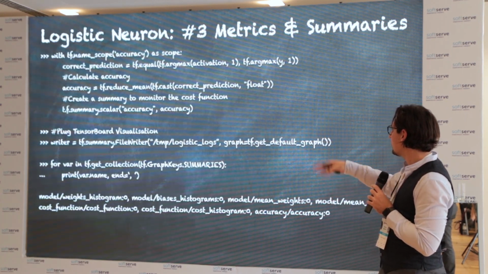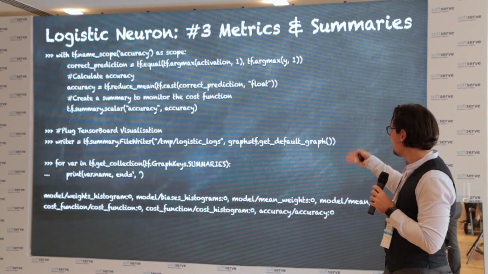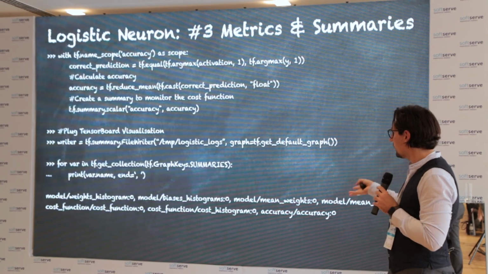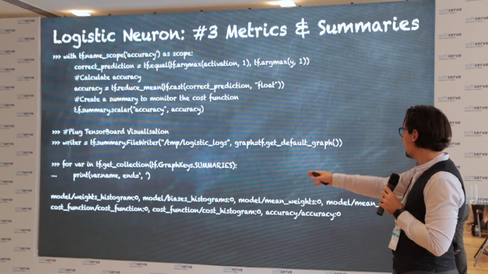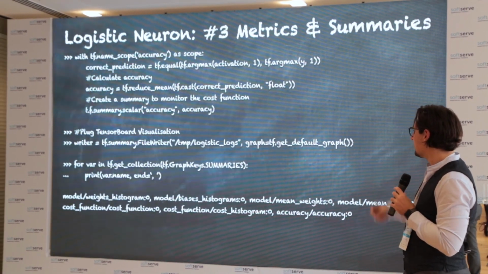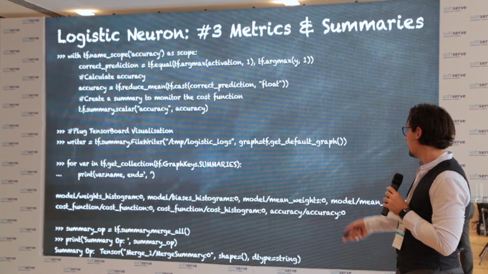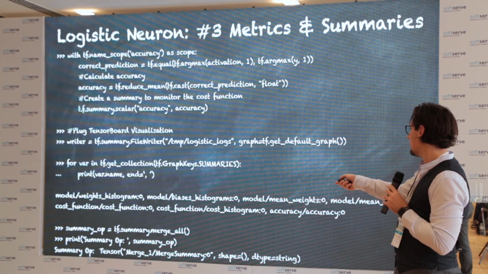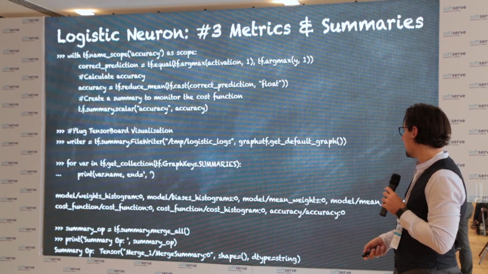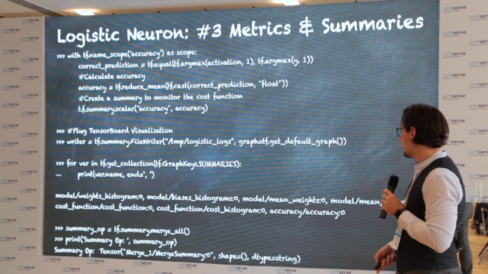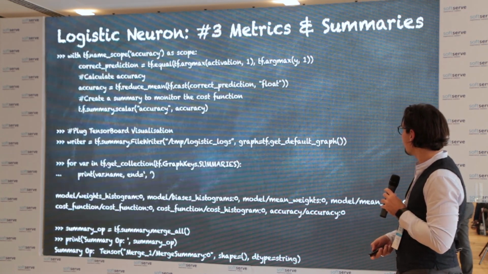If you want to print the different summaries we collected during the model computation, the graph creation is this one. We print all these summaries, and then the merge operation, so we can merge all the different summaries in one single point.